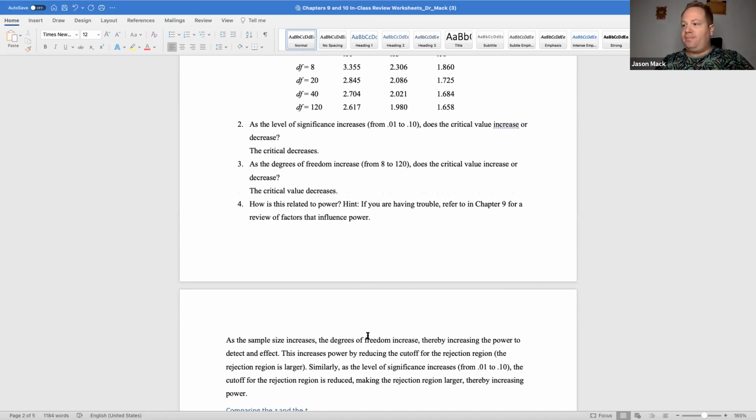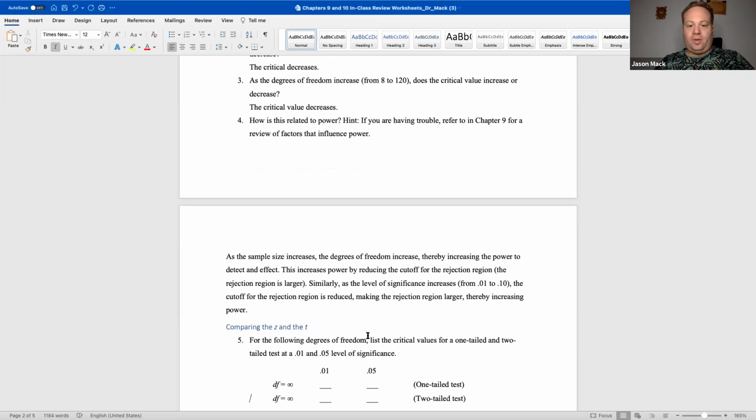So the next thing we want to talk about is comparing the Z and the T. For the following degrees of freedom, list critical values for a one-tailed and two-tailed test at a 0.01 and 0.05 level of significance. So a one-tailed test would be 2.326.